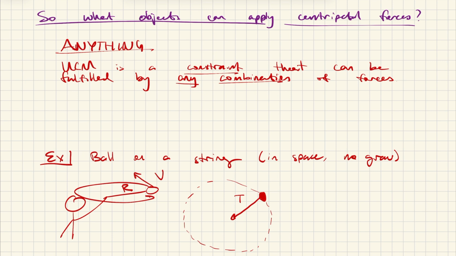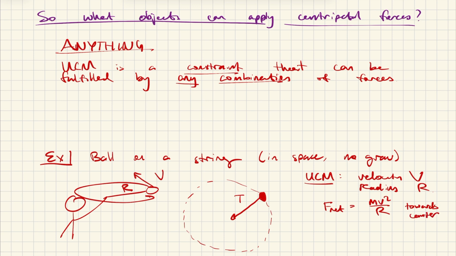In this case, the way that we want to think about this is we've been told this object is undergoing UCM at some velocity v in some circle of radius r, okay? So that means we know necessarily the net force has to be exactly mv squared over r towards the center. This is the exact value of the net force that will cause this object to go in specifically this circle, okay?